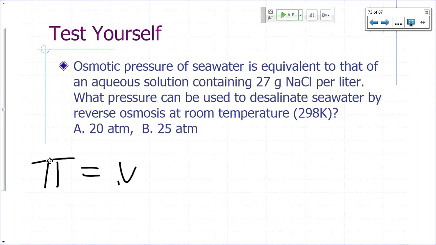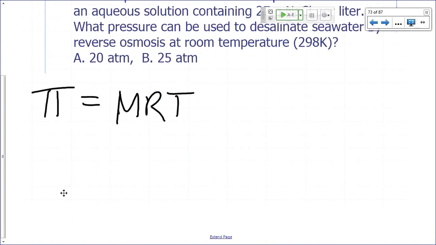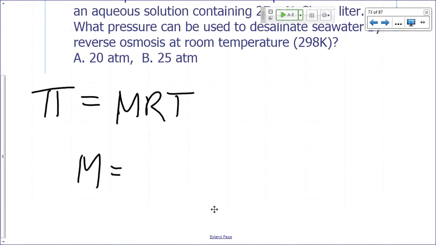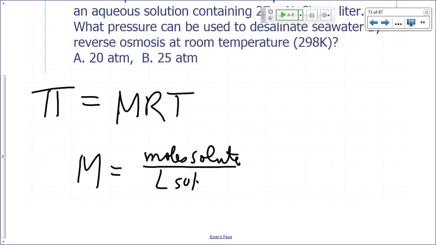It's equal to MRT. Okay? So what's our molarity? It has 27 grams sodium chloride per liter. So what's the formula for molarity? Moles solute per liter of solution, right?